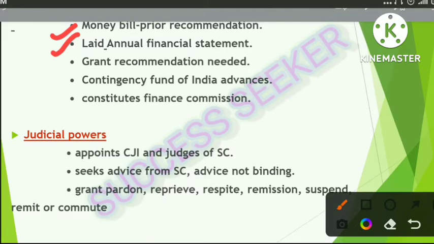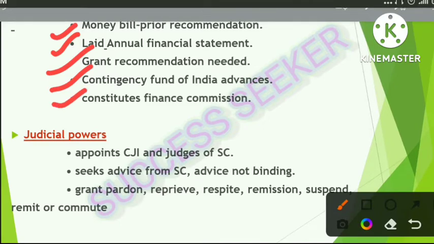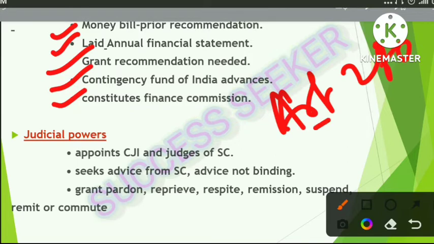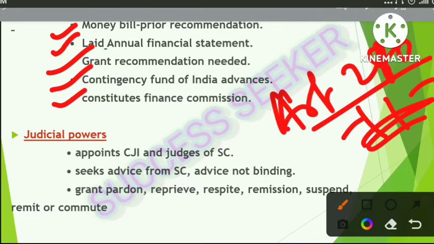The President lays the annual financial statement, and for grants, the President's recommendation is needed. For the Contingency Fund of India advances, the President's approval is needed. The President constitutes the Finance Commission under Article 280, for the financial distribution between state and center.